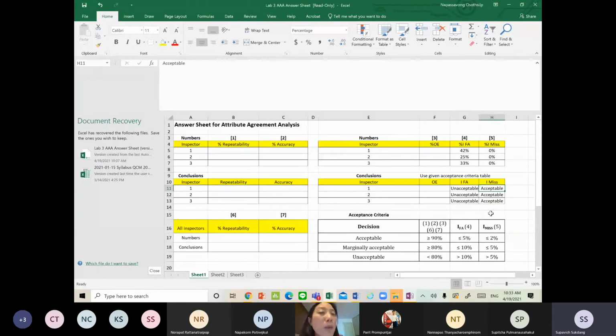Do you accept this much percentage of miss? No, because I miss is 12.5%, which is greater than 5%, so you should say unacceptable. That means if you have only 8 opportunities to make decision, you cannot tell wrongly at all, because if you say wrongly just one time over 8 opportunities, it will be 12.5%, which is greater than 5%.